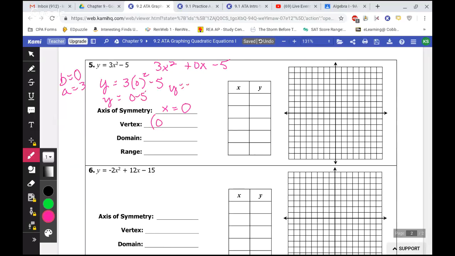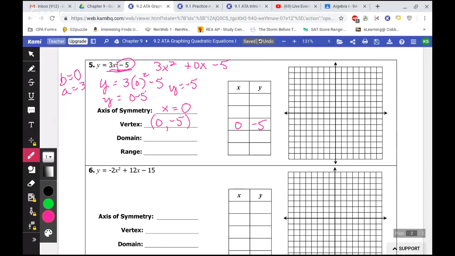So y equals -5. And typically, when your x is 0, the answer is just the constant. So there's our vertex. We'll place that into the middle of our table. And what is 1 less than 0?